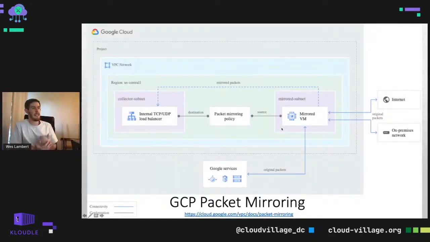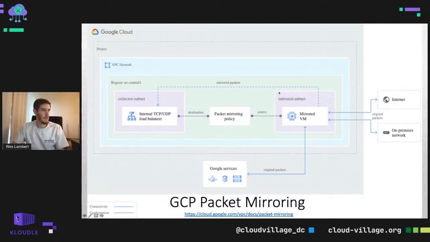So here is a diagram of what that might look like. Here we have a single project and a single VPC network, and this is taken straight from their documentation. I have the link there if you want to check that out. It is in a single region, and you can see that this mirrored VM has traffic traversing the internet, an on-prem network, and some Google services.